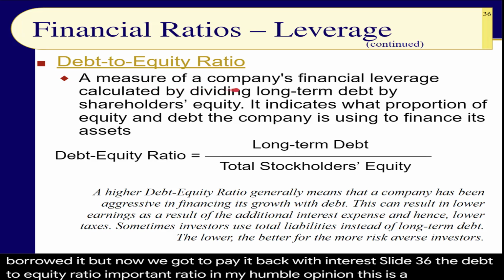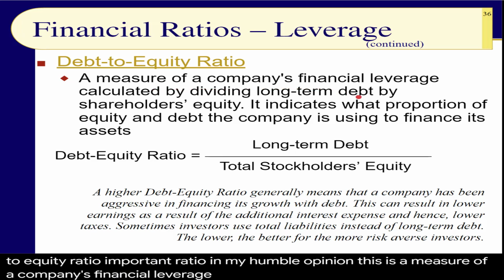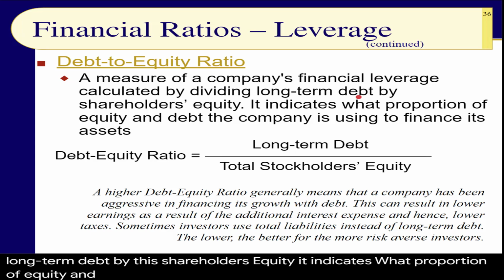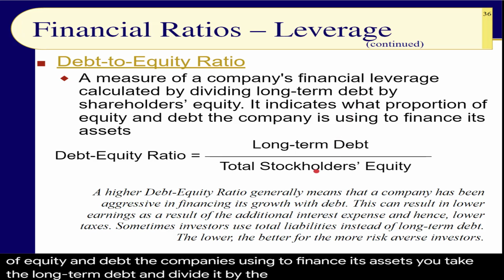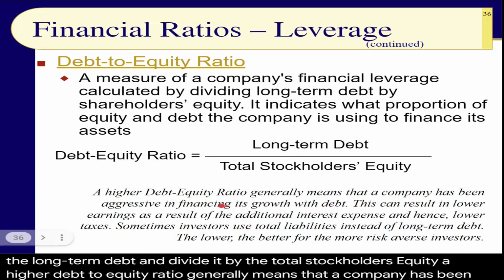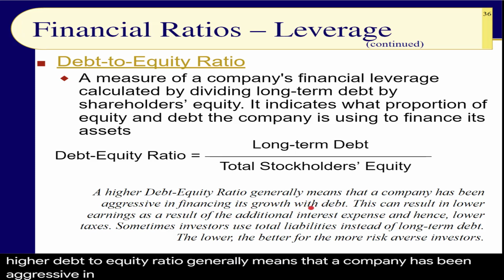This is a measure of a company's financial leverage, their debt, calculated by dividing the long-term debt by the shareholders' equity. It indicates what proportion of equity and debt the company is using to finance its assets. You take the long-term debt and divide it by the total stockholders' equity. A higher debt to equity ratio generally means that a company has been aggressive in financing its growth with debt.